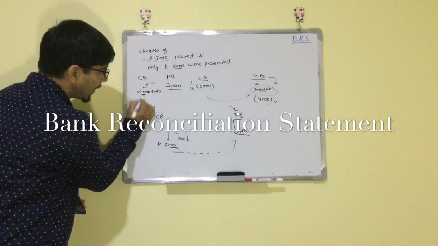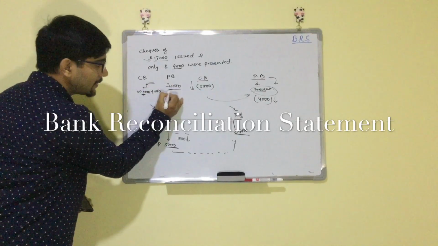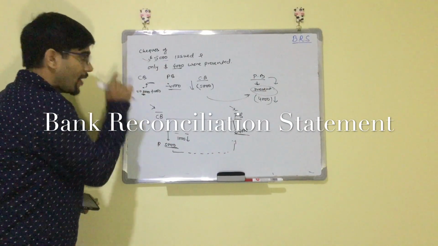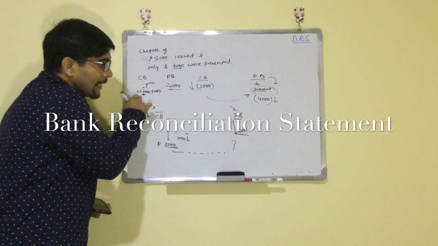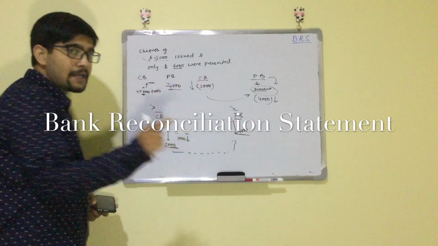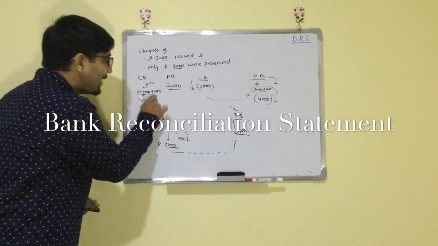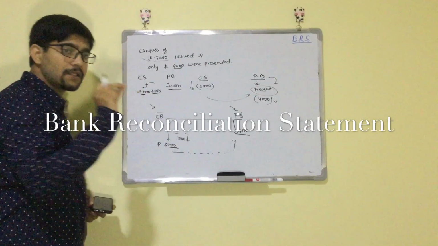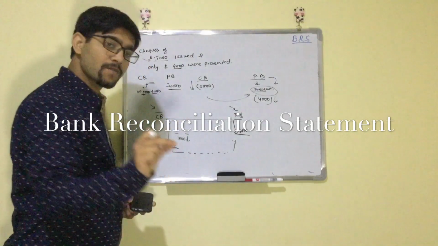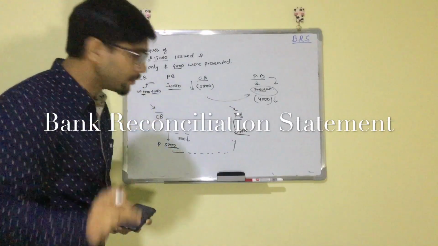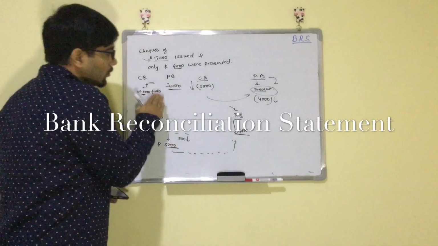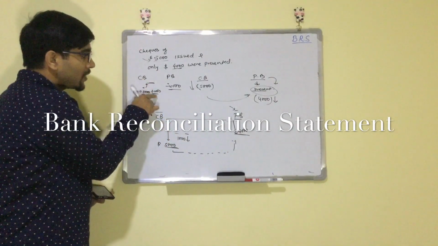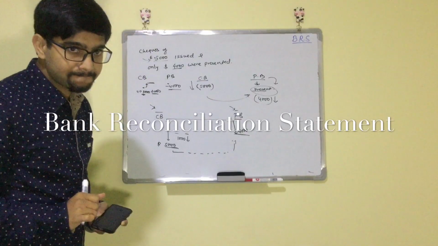If we are minus 5,000, bank is minus 4,000, we have to go, if we start from cash book, from 5,000 minus to 4,000 minus, and how can it be adjusted? By adding $1,000 to the cash book balance. This is as simple as that. So the first and foremost way of moving from cash book to passbook is, for adjustment number 2, we have to add $1,000 in our cash book balance.